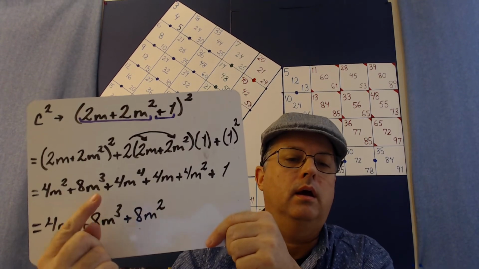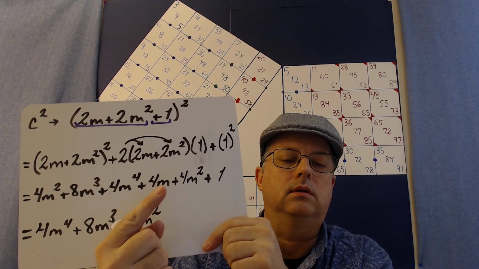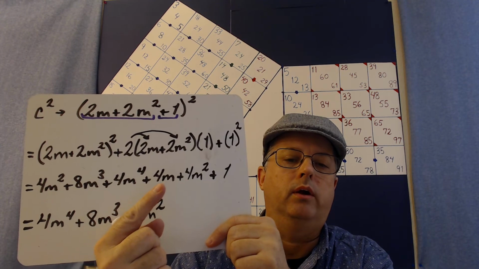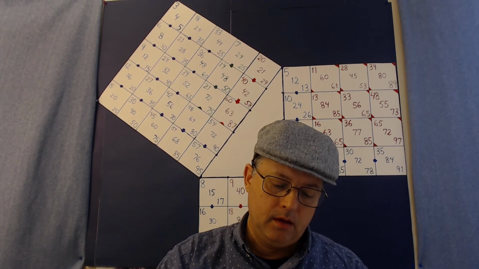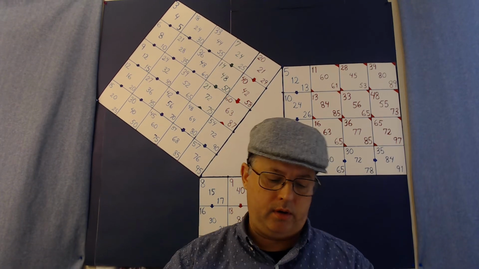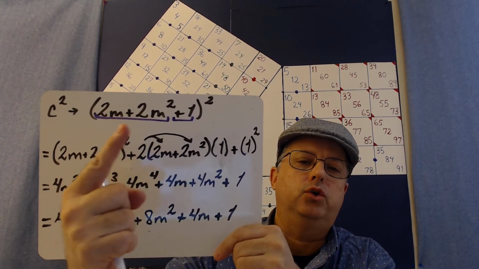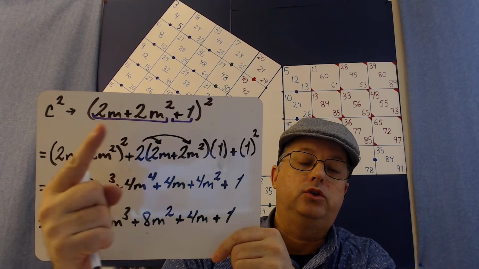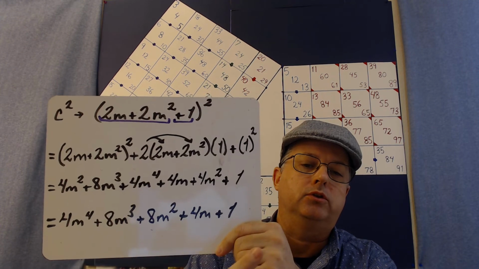And here's the next exponent, 4m. So we had m squared, and now we just go down to m. And then plus 1. So when we expand (2m + 2m² + 1)², this is the expression that we get.